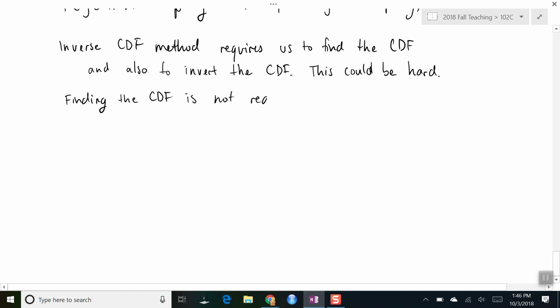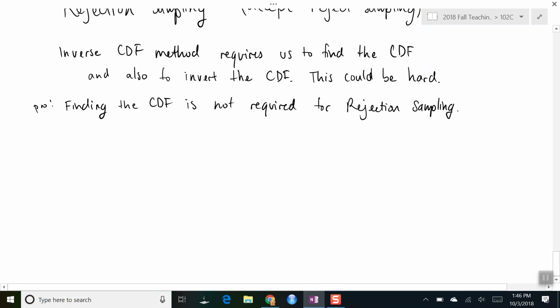So what rejection sampling does is that it doesn't bother calculating the CDF, okay? Finding the CDF is not required for rejection sampling. So that's an advantage. Okay.